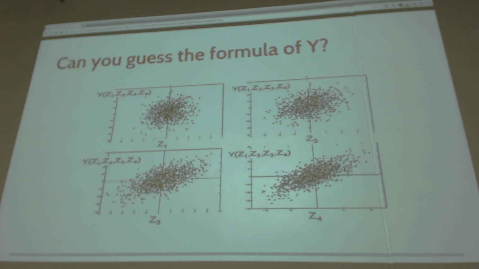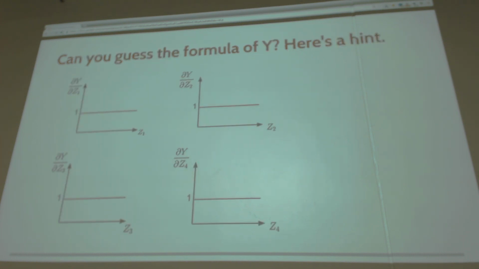Now you're probably wondering what the formula of y looks like. So what was the actual function? I'm going to give you a hint. I'm going to show you how the derivative of y over each of these 4 variables looks.